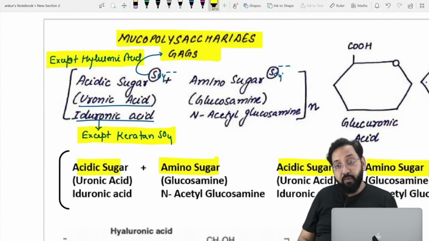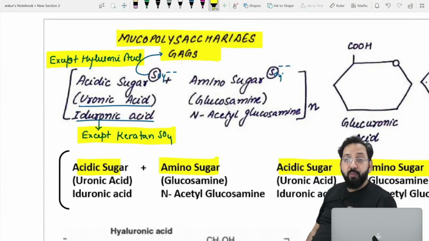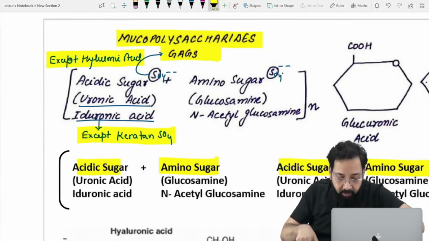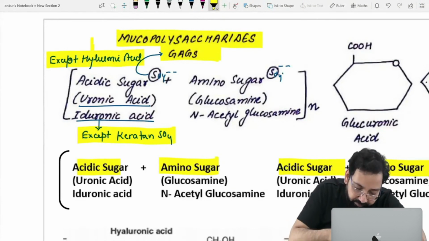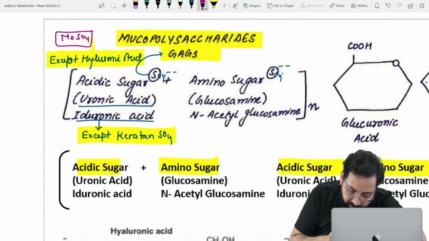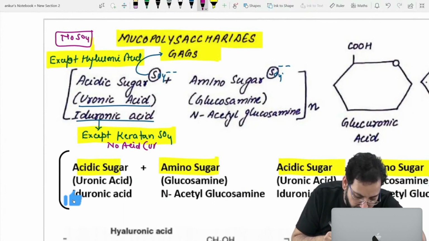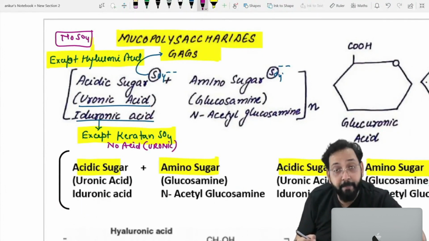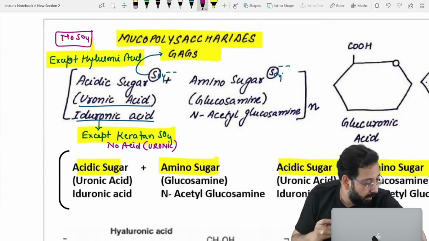Hyaluronic acid, no sulfate. Keratan sulfate, no uronic or iduronic acid. Okay, clear?